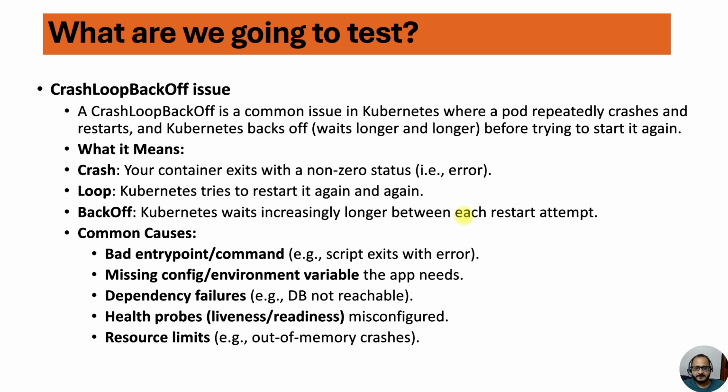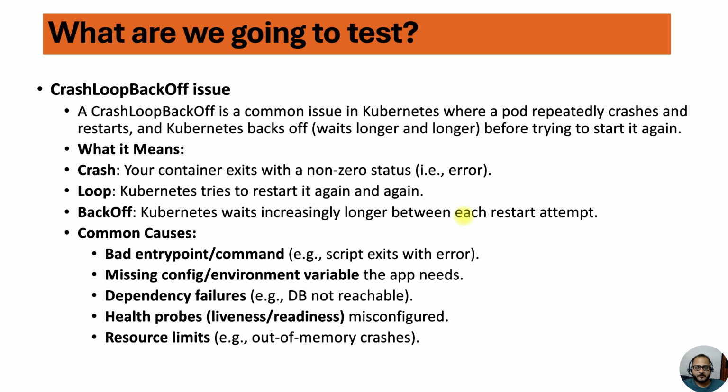And why does it occur? It could be a bad entry point or command which you have specified in your deployment.yml file, or a script that has some issues, or incorrect configurations or environment variables, or maybe a dependency failure. Your app wants to connect to a database but the DB is not reachable from your pod.